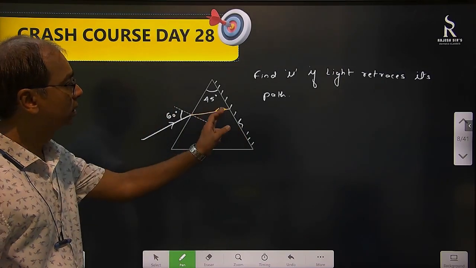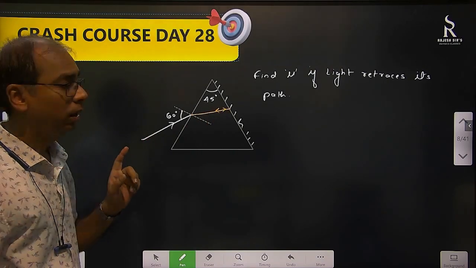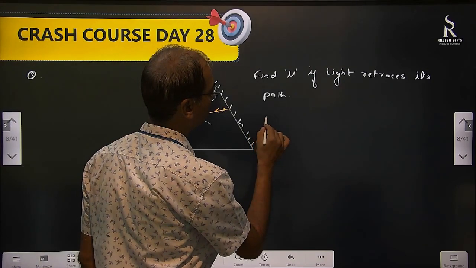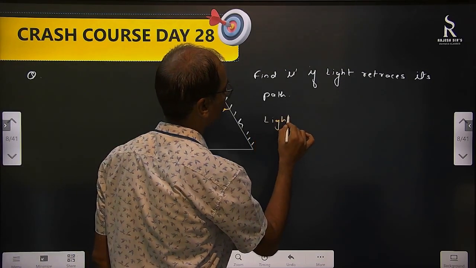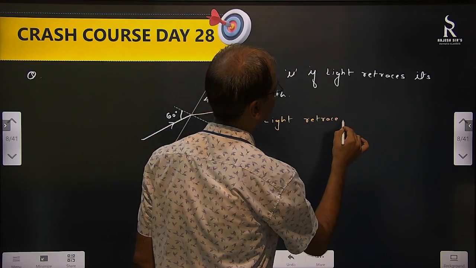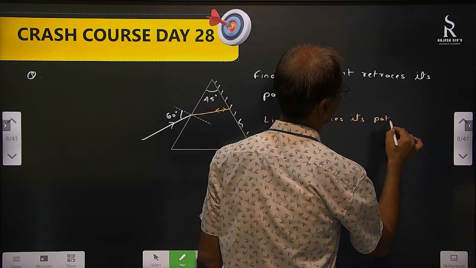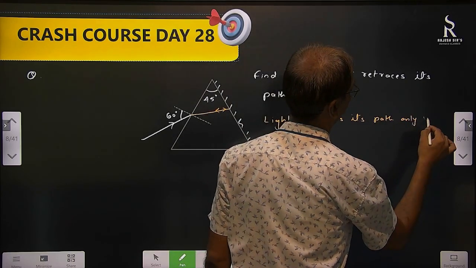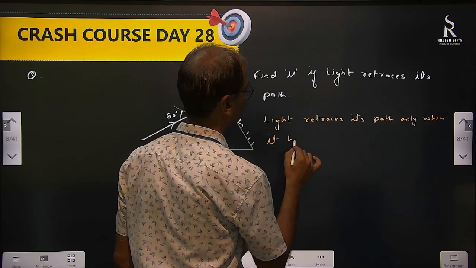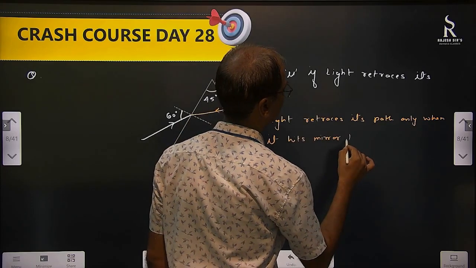And this is along the normal. Retracement is possible, light retraces its path, only when it hits the mirror perpendicularly, normally.